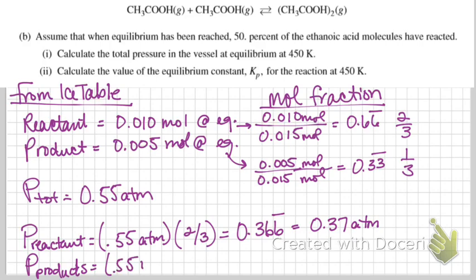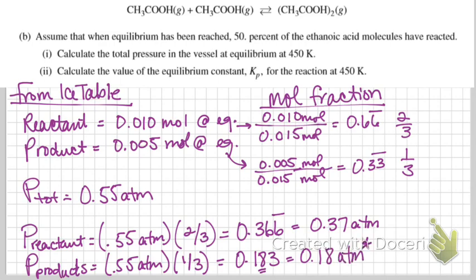So we take the total pressure, multiply it by what fraction of the gas is product, which is 1/3. Okay, so I get 0.183, round to 2 sig figs, I get 0.18 atm. This is where my answer differs from what's in the key. The key has 0.19 because they used 0.56, because they used the first method of solving to carry through. Again, if you're showing your work, this is not really of consequence.